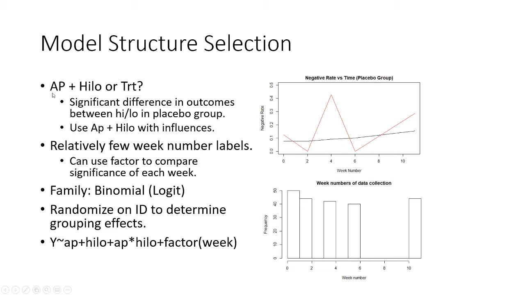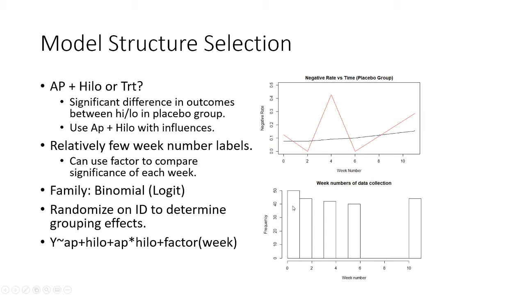So I chose to use AP plus high-low as the input, and I would also like to use some interactions to test if there are interactions between the high-low and the drug application group, the treatment application group. And there are relatively few week number labels.